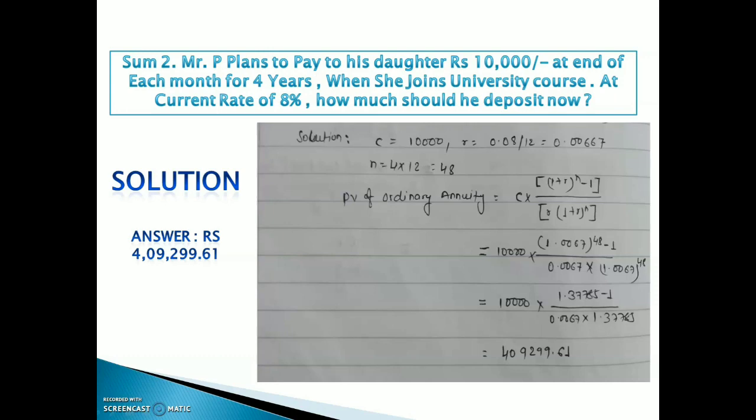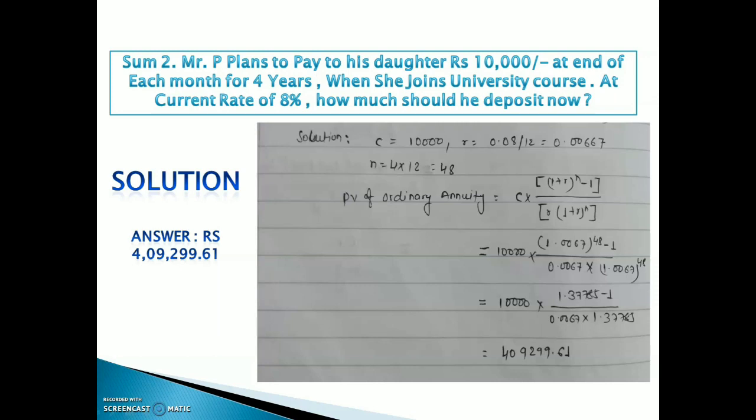But Mr. P pays his daughter rupees 10,000 at the end of each month, so we have to divide the rate of interest by 12 and multiply the number of years by 12 to get the number of cash flows. When we divide the rate of interest by 12, then we get the rate of interest per month.